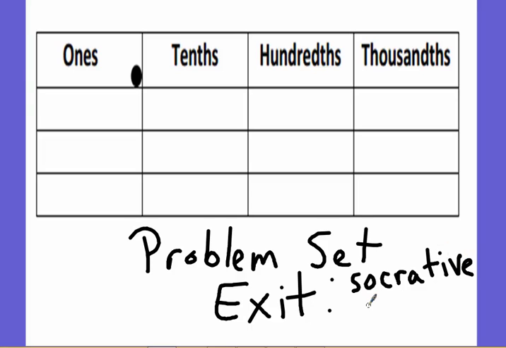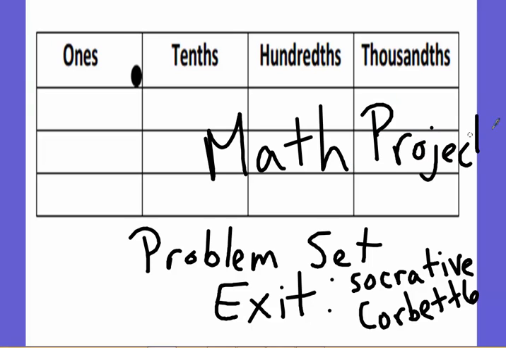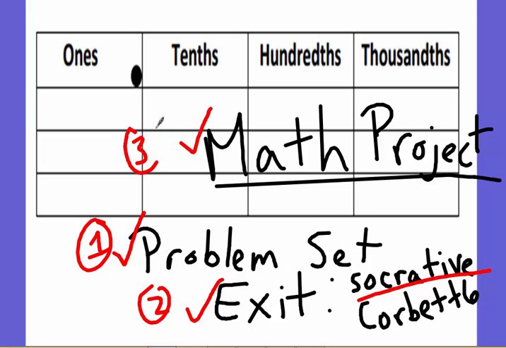And remember, the room number is Corbett 6. When your exit ticket's done, then you can work on your math project. Alright, so the order: work on your problem set, that is number 1. Then work on your exit ticket. Exit ticket is on Socrative. The room number is Corbett 6. And your final thing is to then work on your math project. Alright, good luck today.